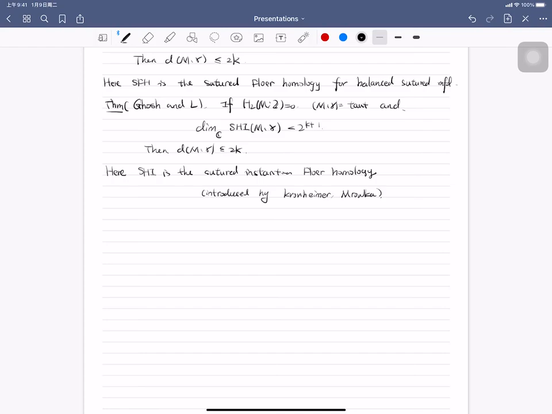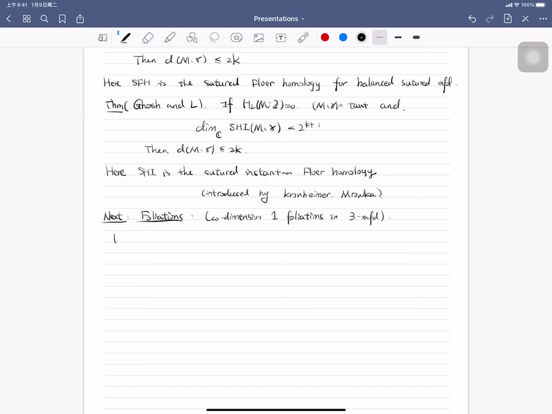So next, I'm going to talk about foliations. What is a foliation? Well, we focus on codimension 1 foliations in the 3-manifold. So we have a 3-dimensional space, but we slice it into surfaces.